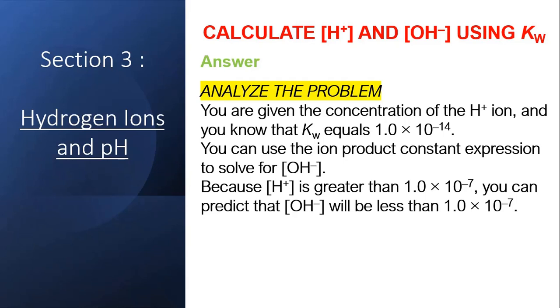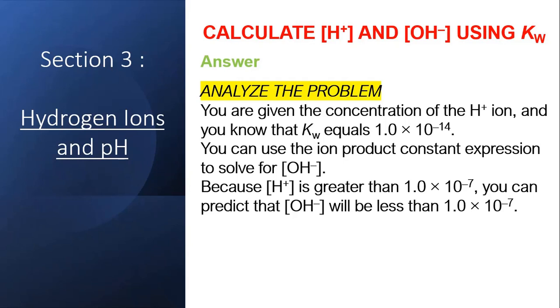In this question, you are given the concentration of H positive, and you know that Kw equals 1 times 10 to the power negative 14. You can use the ion product constant expression, which is Kw, to calculate the concentration of OH negative, because H positive is greater than 1 times 10 to the power negative 7.